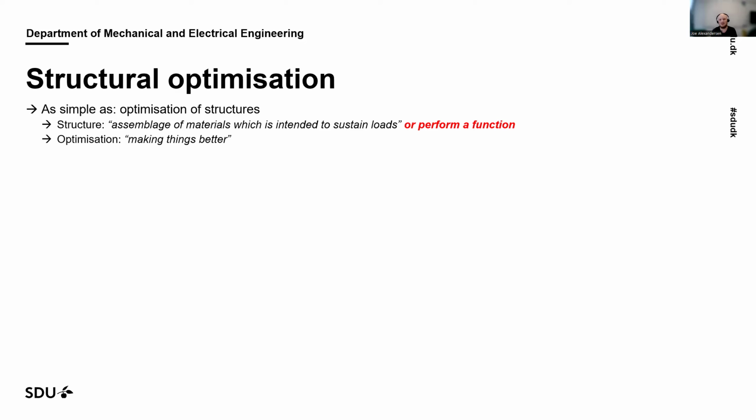The term is also used more broadly for structures that are not necessarily intended to sustain loads, but perform some kind of function, be it fluid mechanics, heat transfer, acoustics, and so on. And then the optimization is the act of making things better, right?